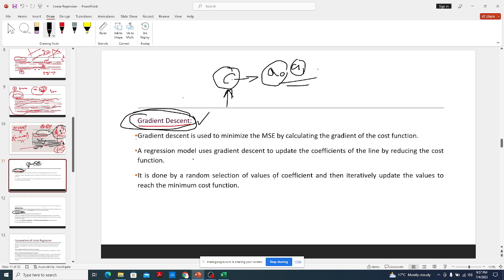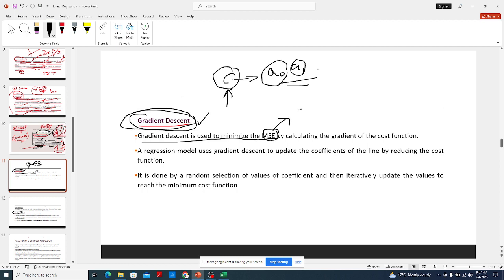On gradient descent, gradient descent is used to minimize the mean squared error. And what is the mean squared error?